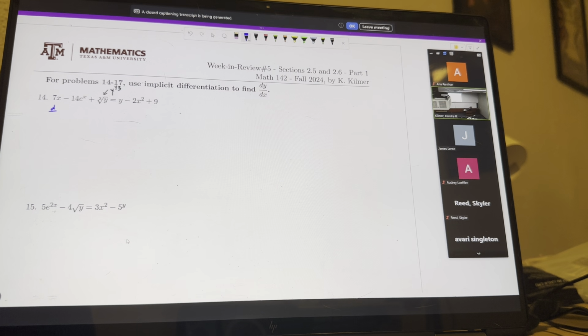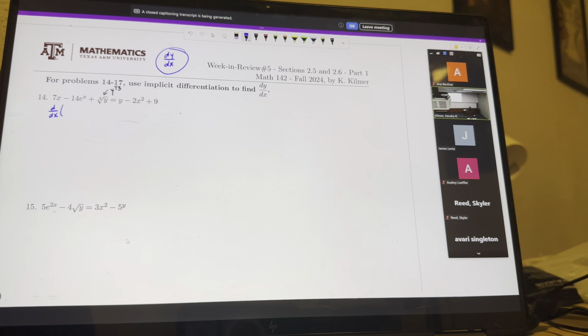Now realize that what I'm writing here, this d over dx, is not the derivative. That's different than writing dy dx. They look very similar, because one has a y and one doesn't, but they're different. This is telling you to take the derivative of what's inside.